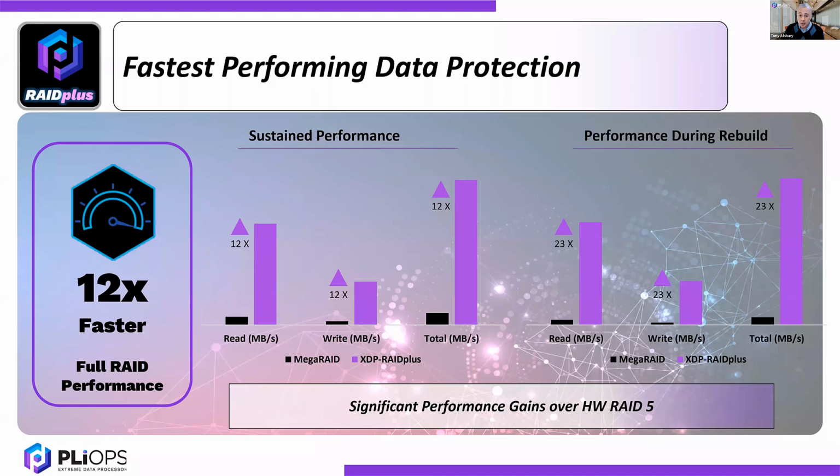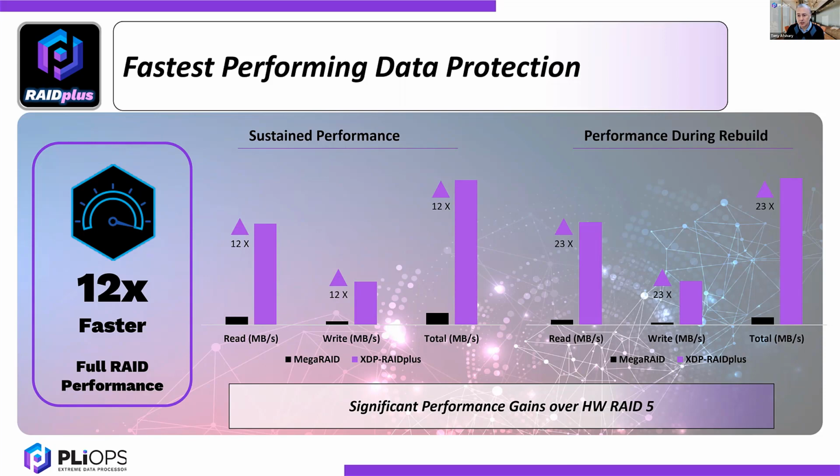And Pliops XDP-RAIDplus accelerates random writes by transforming them into compressed sequential writes, which improves storage performance, utilization, and SSD longevity. You can see the read numbers are also great.